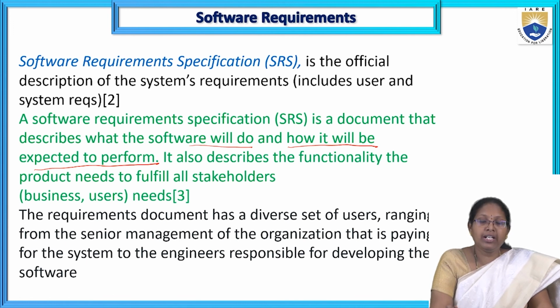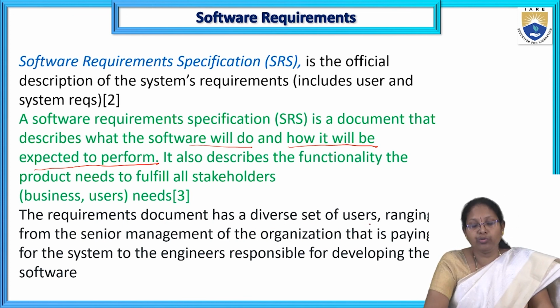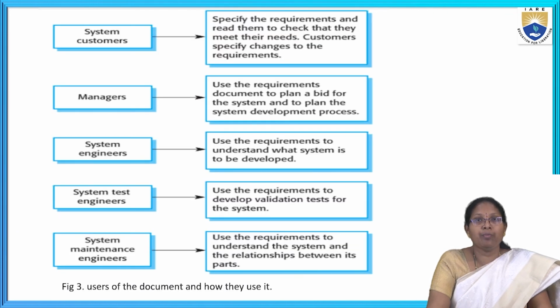That is the main intention of the SRS documentation. The requirements document has a diverse set of users, ranging from the senior management of the organization that is paying for the system to the engineers responsible for developing the software. This is the major importance of the software requirement specification document.